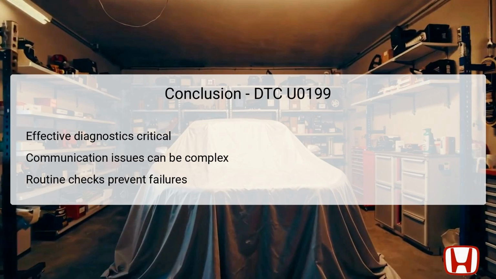Each step must be completed meticulously, from clearing DTCs to verifying final repairs. Furthermore, regular preventive maintenance can be invaluable in preventing future issues. By adopting these practices, Honda Accord owners can maintain reliable operation of their electrical systems and enjoy complete peace of mind while driving.